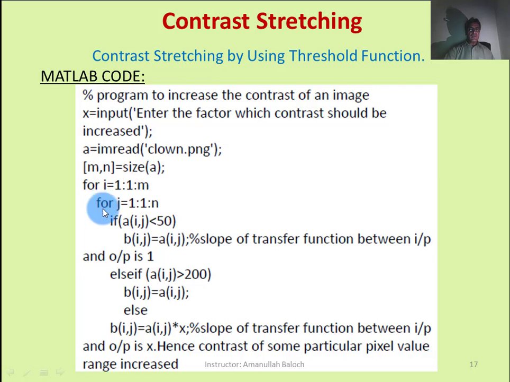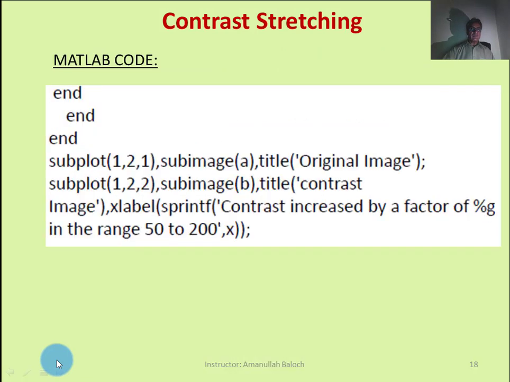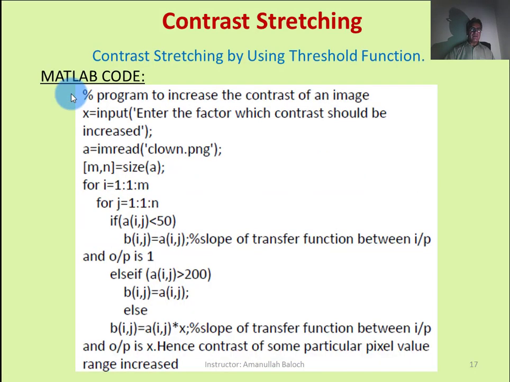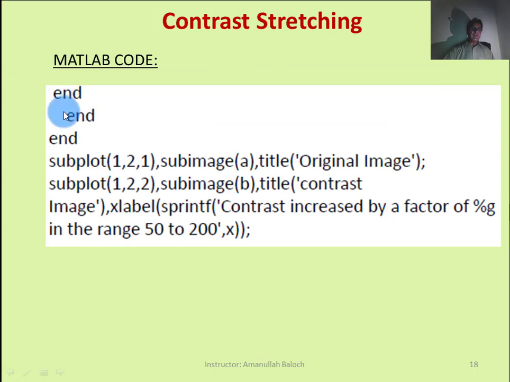This is the inner loop, controlled by J, and this is the outer loop, which is controlled by the control variable I. This is the end of this for loop, and this second end is the end of that for loop.